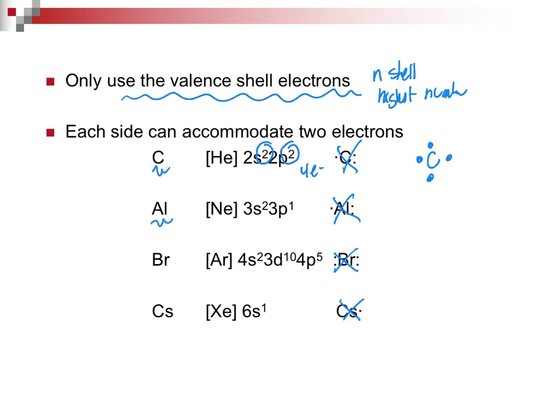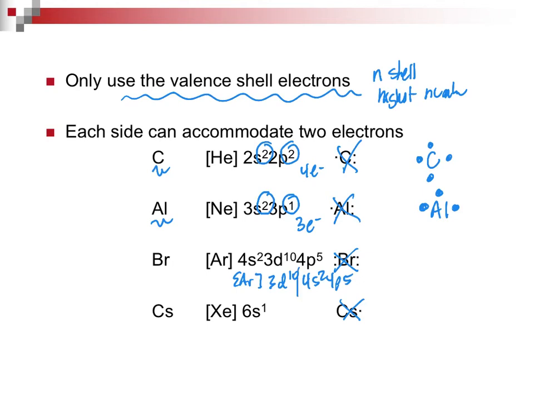For aluminum, I have 3s2, 3p1. I have 3 electrons. There is my Al, 1, 2, 3. Put them wherever you want, but you can just put one around each aluminum. Now, when I look at bromine, what's going to happen? You see, this was our filling order, but we really should have rewritten it as 3d10, 4s2, 4p5.